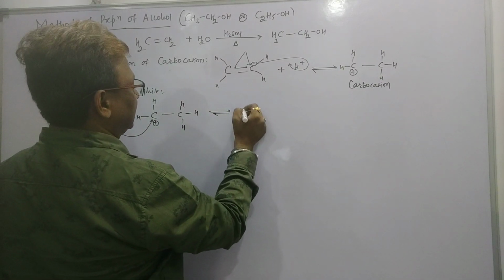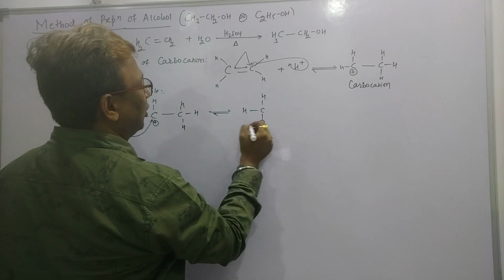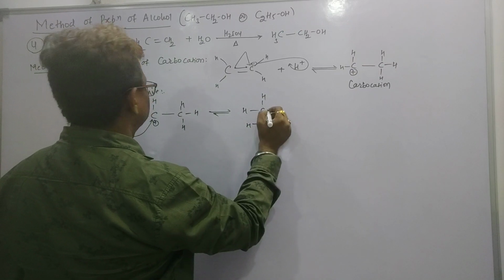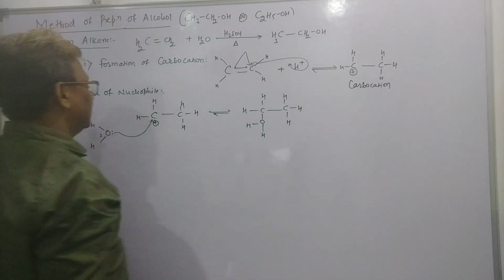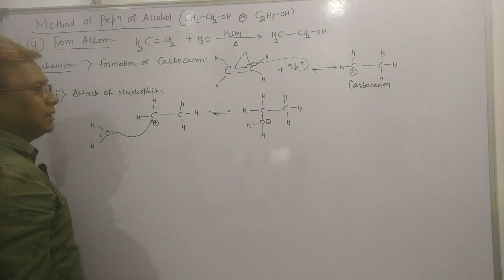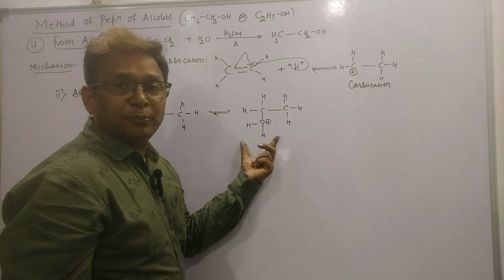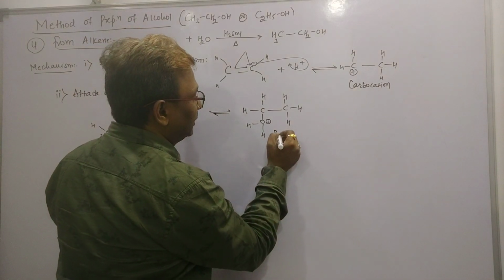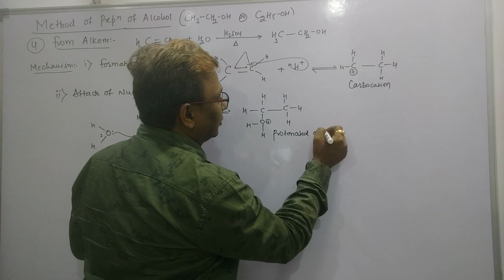As it attacks, it looks like O bonded with H and H, then again three hydrogens present over it, and now this oxygen gets the positive charge. So by the attack of the nucleophile on the carbocation we get a protonated alcohol.